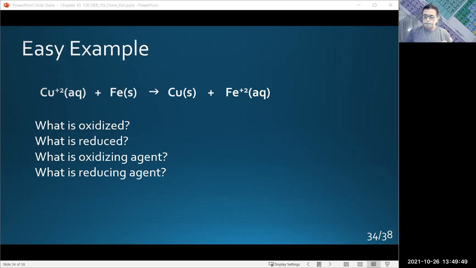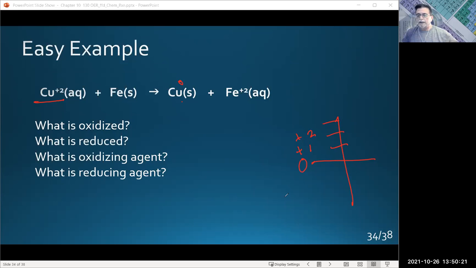So let's break it down here. We got copper 2, and it goes from copper 2 to copper 0. So let's think about that in that scale. Here's 0. We got 1, 2, this is plus. So starting at +2 it is going to go down to 0.